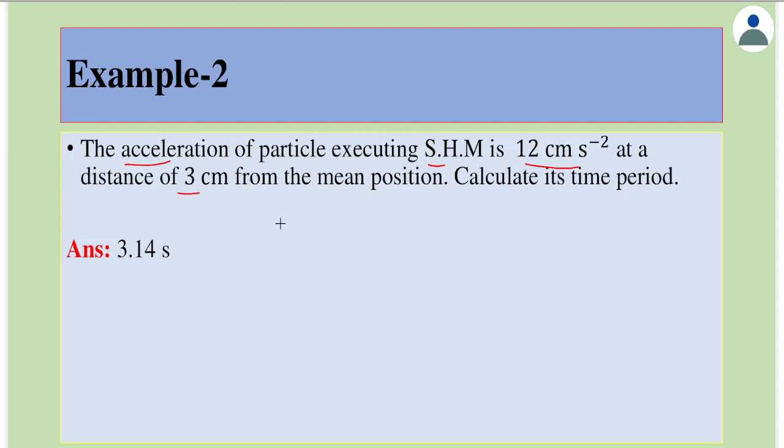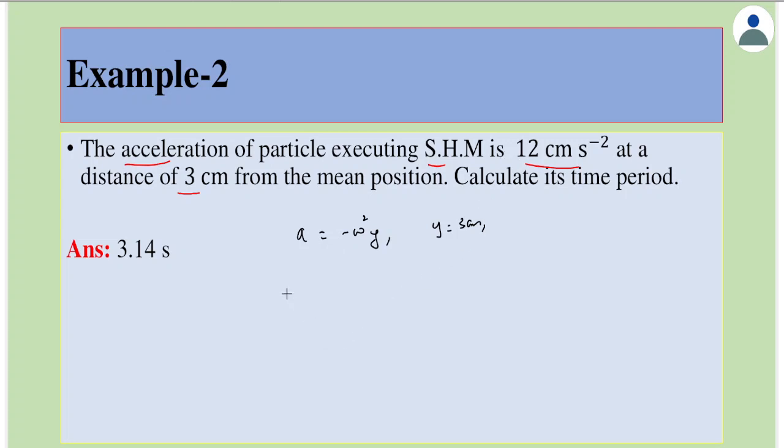So acceleration formula, which is a, was given as minus omega square into y. The question says the acceleration of the particle is 12 centimeter per second square at a distance of 3 centimeter from the mean position. Means when y is equal to 3 centimeter, a becomes 12 centimeter per second square.